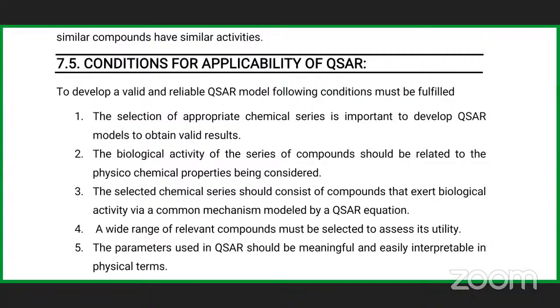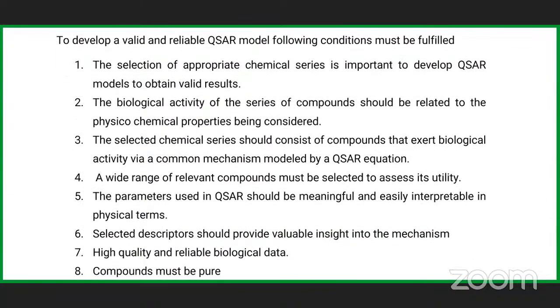And the selected chemical series should consist of compounds that exert biological activity via a common mechanism modeled by a QSAR equation. Okay. So generally in this QSAR technique, we will try to build an equation. We'll generate an equation between the physicochemical parameters and your particular biological activity.